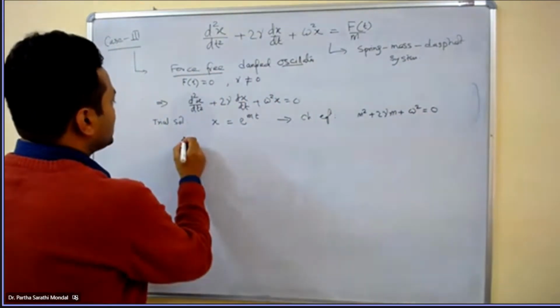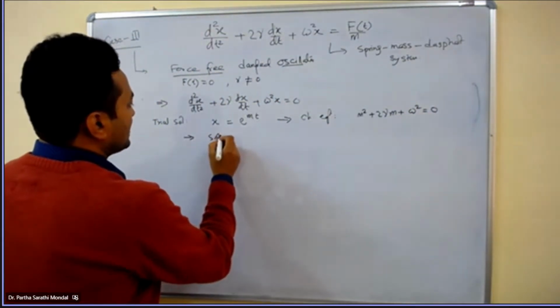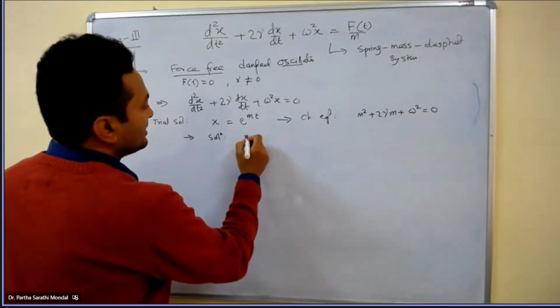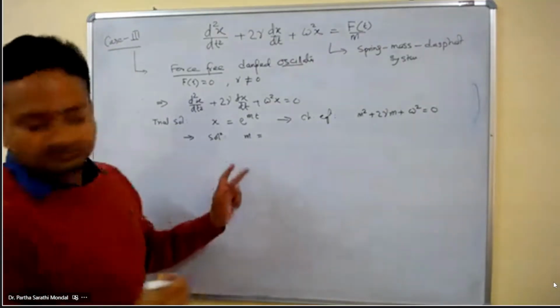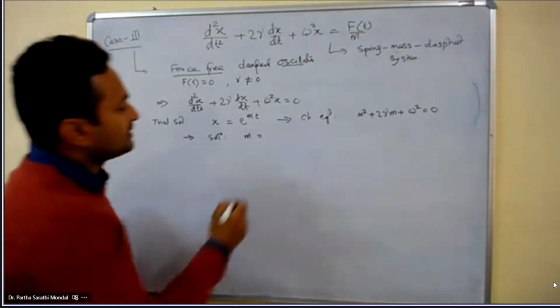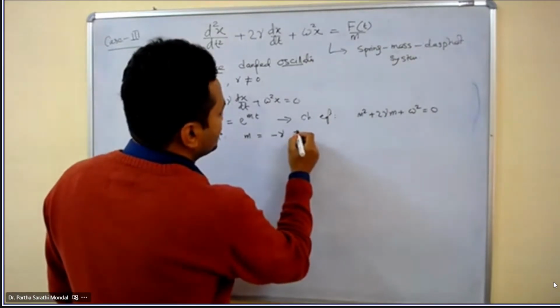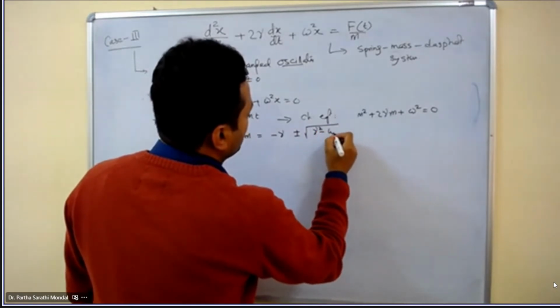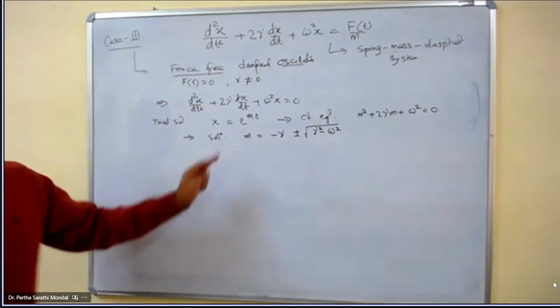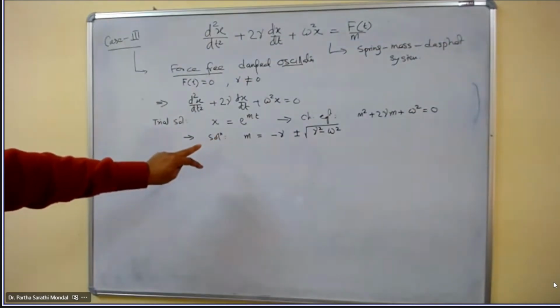Now the solution we did last class is m equals minus gamma plus minus root over of gamma square minus omega square. So this is the solution of this characteristic equation.